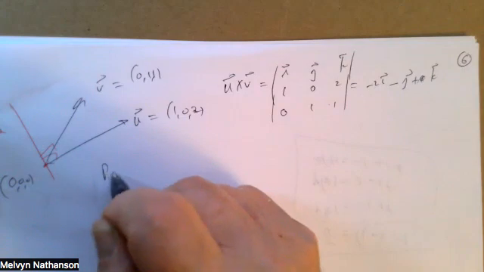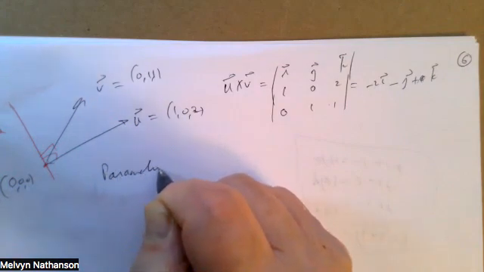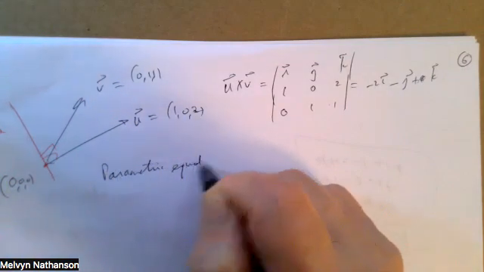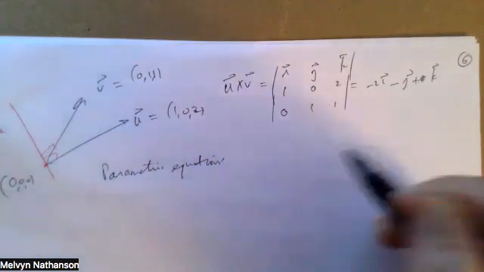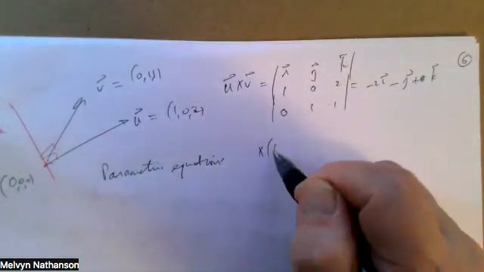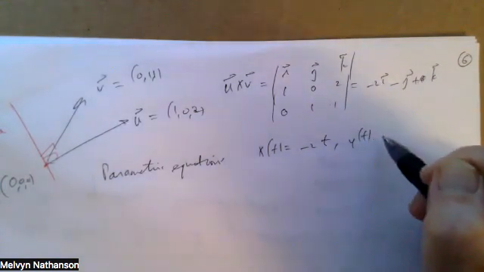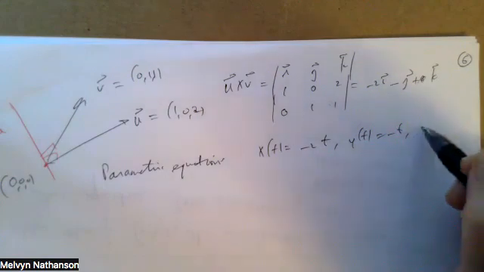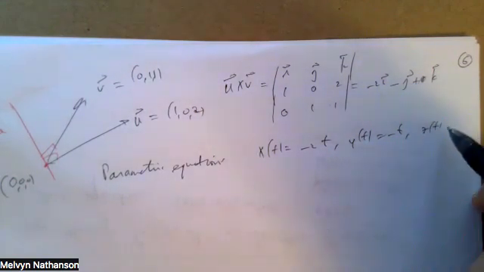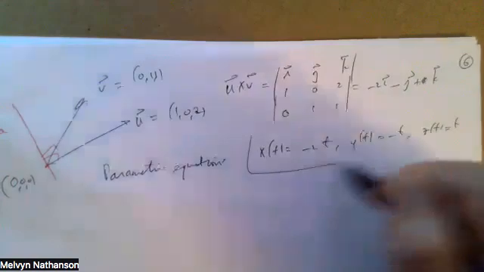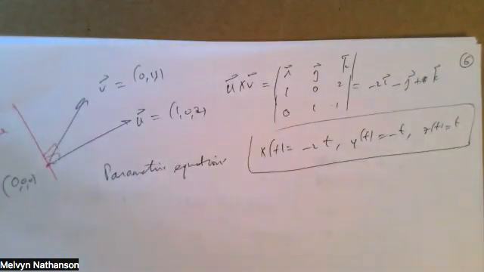So the parametric equations for this line are x of t is minus 2t, y of t is minus t, and z of t is 1 times t. That's it.